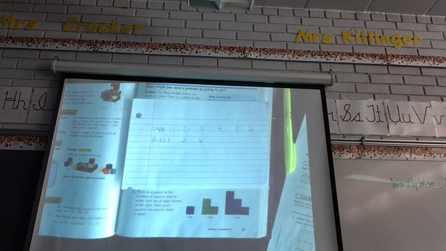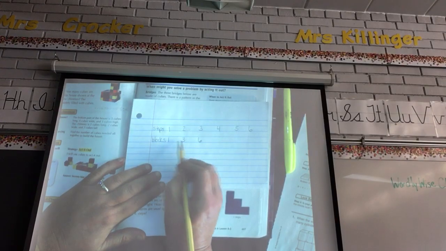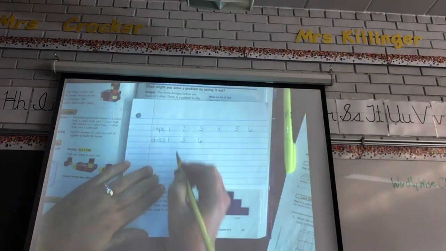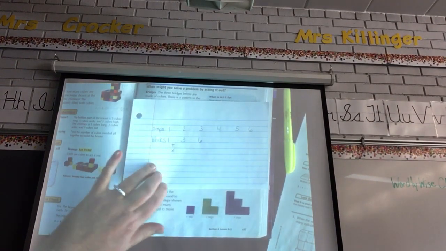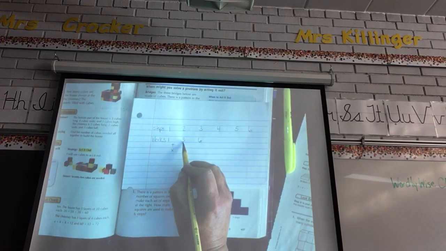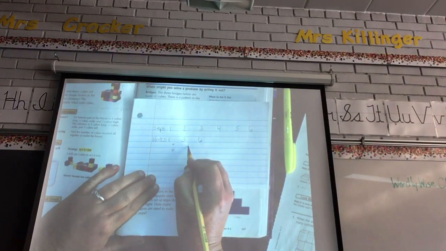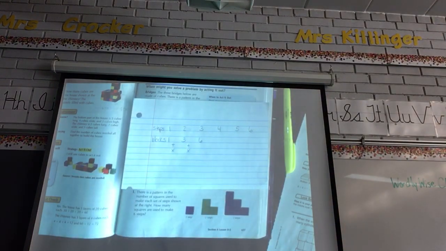So, what am I doing to 1 block in order to get 3? Well, obviously I'm increasing. So I'm either adding or multiplying. What am I doing from 3 to get 6? Well, I'm either adding or multiplying because I'm increasing.